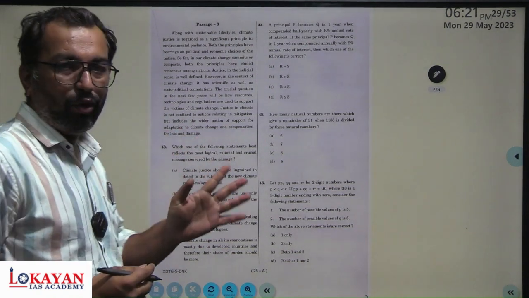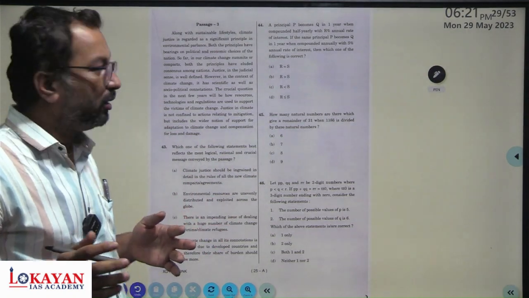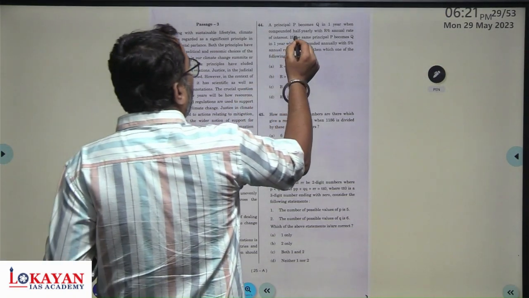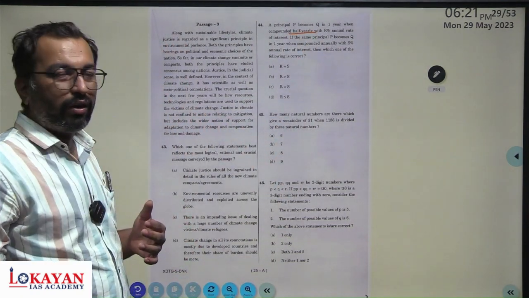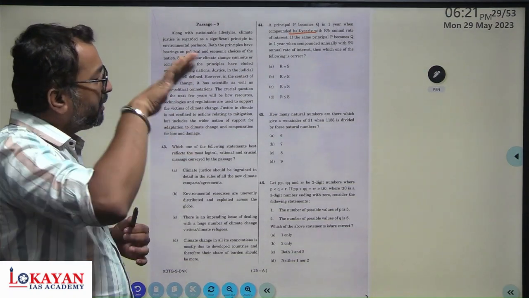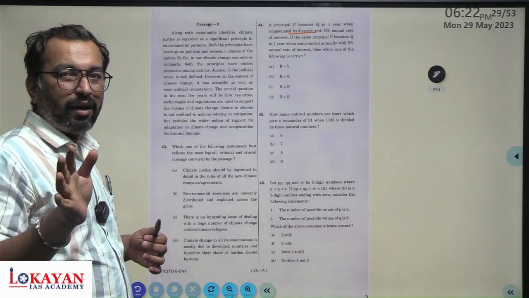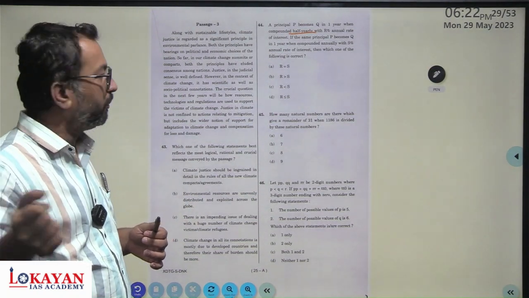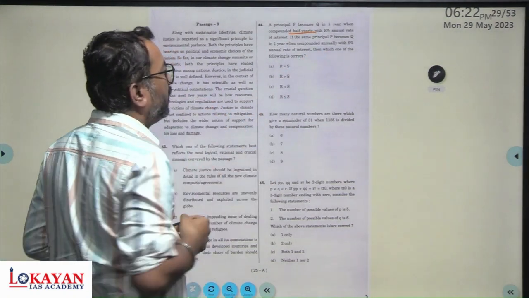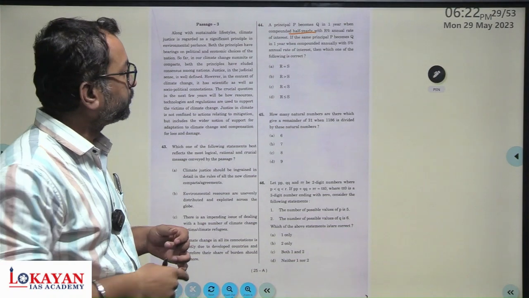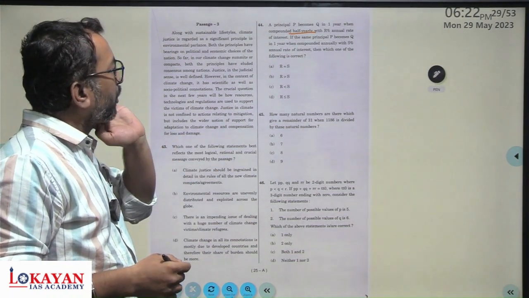Now, same principal amount P, it is compounded in two different ways. First, it is compounded half yearly. It is compounded every 6 months with R% annual rate. In both cases, principal P becomes Q. Second case में क्या हो रहा है? If the same principal P becomes Q in 1 year when compounded annually with S% annual rate, then which one of the following is correct?